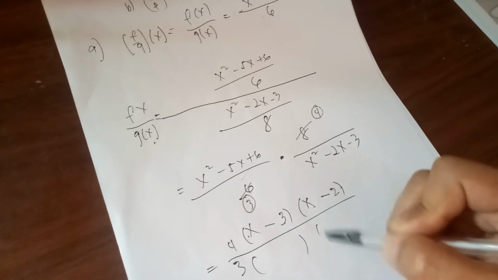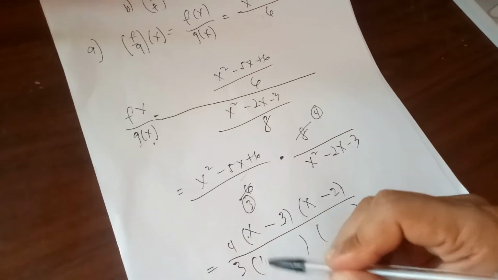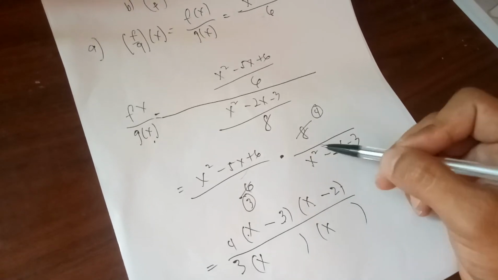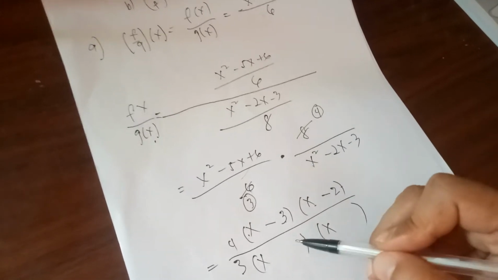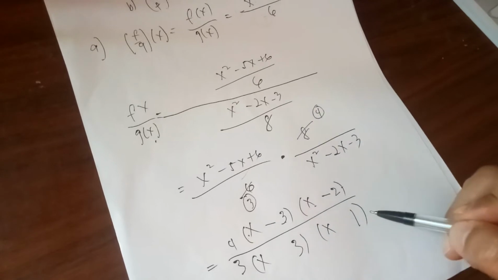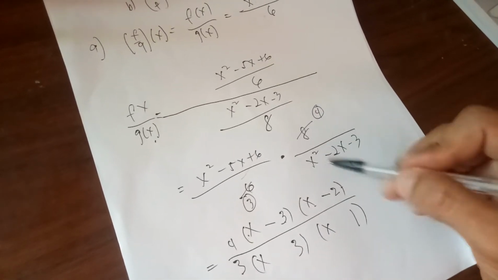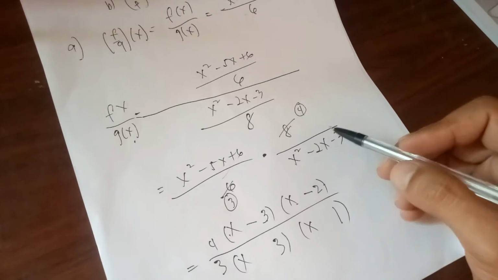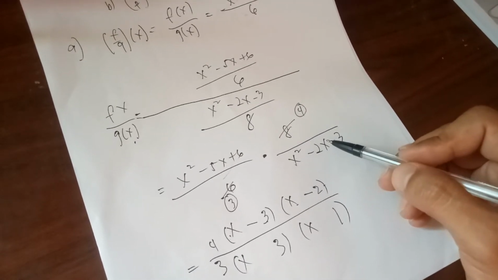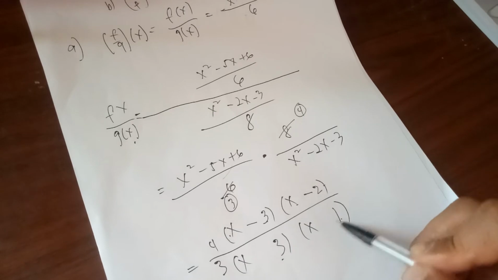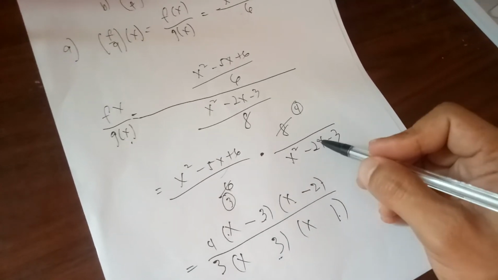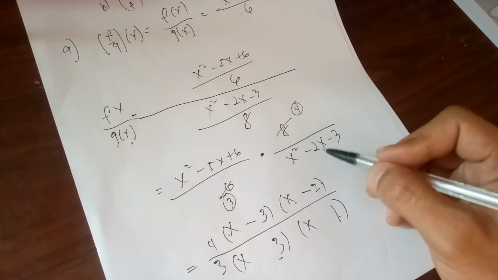Okay, now the factor of this one, let us have x times x, or first term times first term, equivalent to its first term. Then 3 times 1. Last term times last term will be the last term. Now the middle term. If the middle term has a negative sign, so the bigger number should also have the same sign as the middle term.